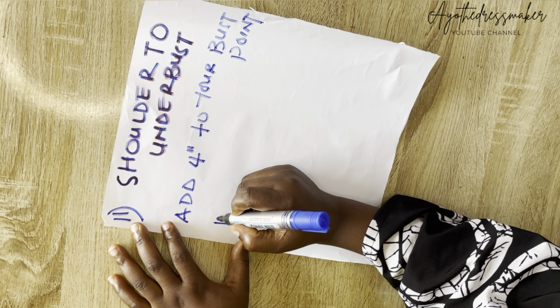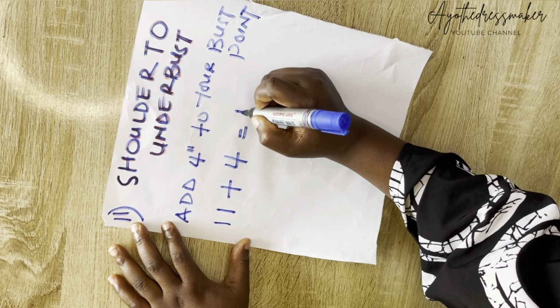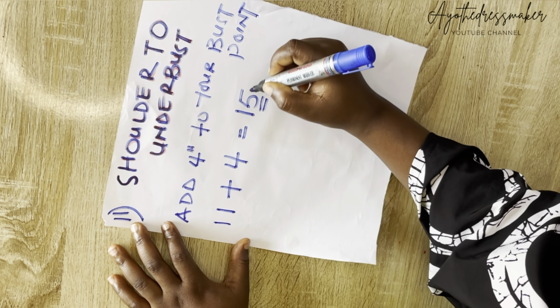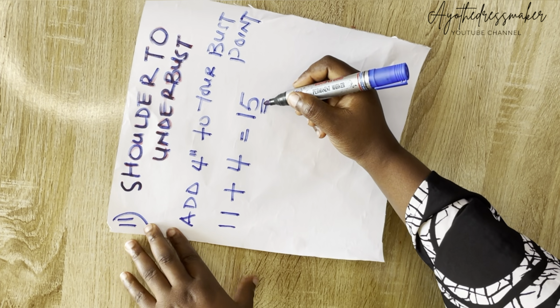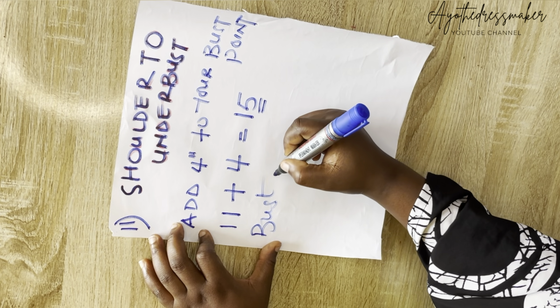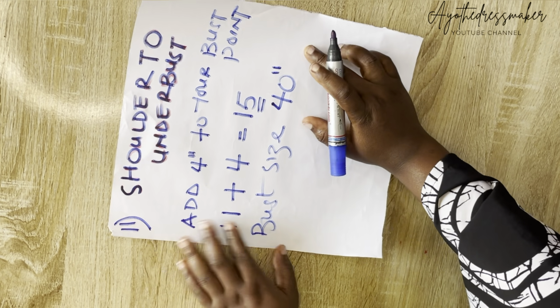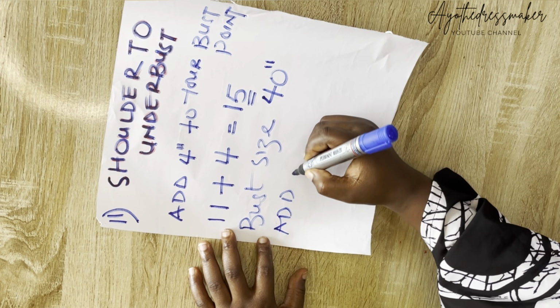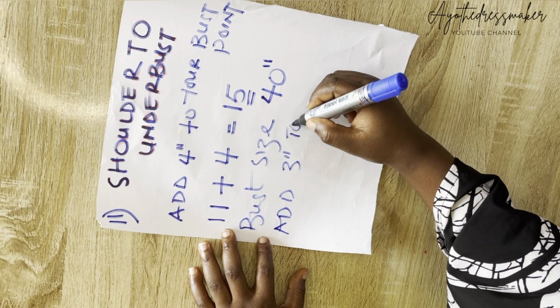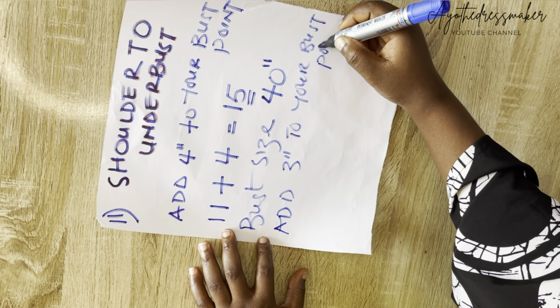For example, if your shoulder to bust is 11, we're going to add 4 to that, and that is going to give us 15 inches, and 15 inches is going to be the under bust length. This formula is for people with bust circumference of 40 inches and above. And for bust circumference of 36 inches and below, go ahead and add 3 inches to your bust point in order to get your under bust length.